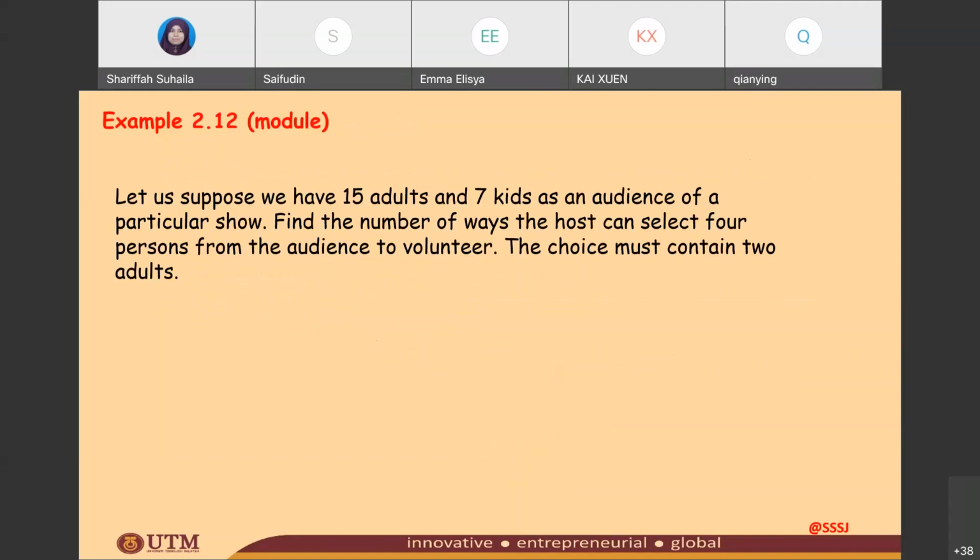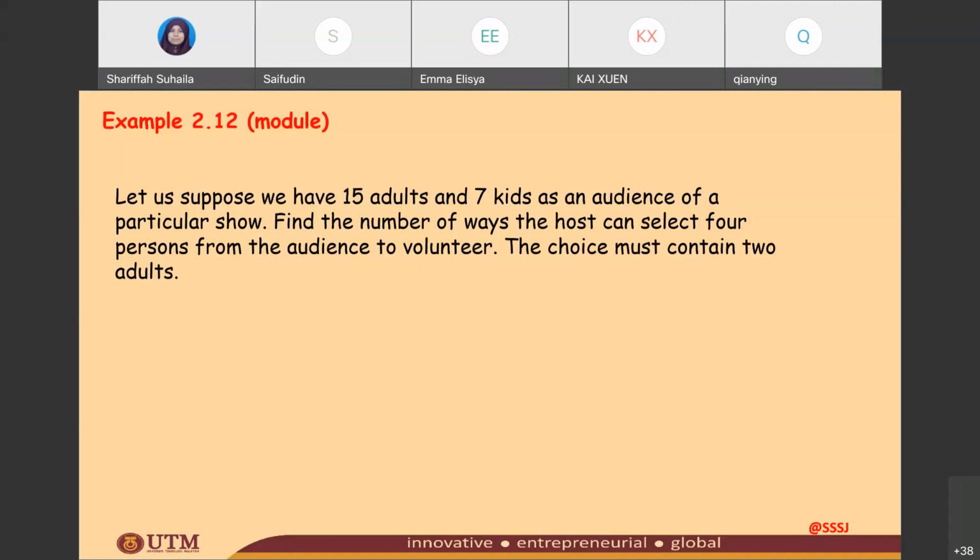So kita tengok dulu example from the module. So let us suppose we have 15 adults and 7 kids. Find the number of ways the host can select 4 people from the audience to volunteer. So the choice must contain 2 adults. So daripada 15 kita nak pilih 2 adults.